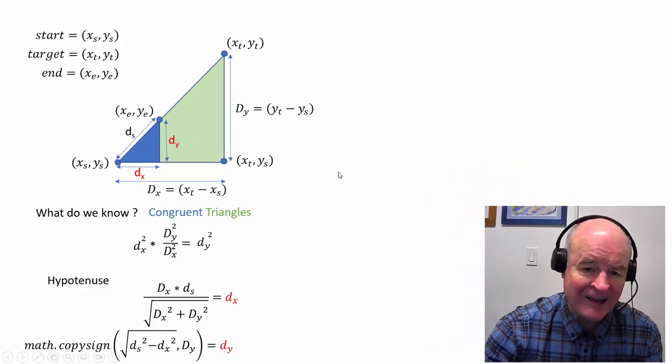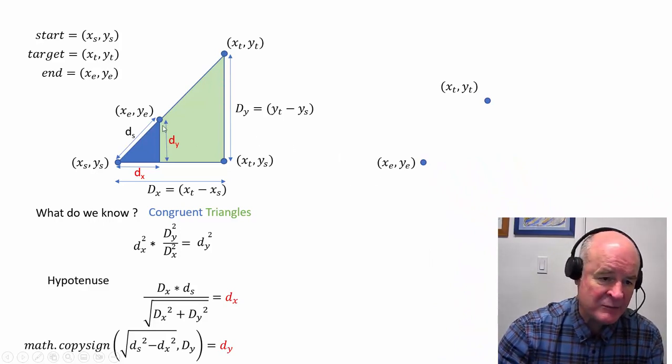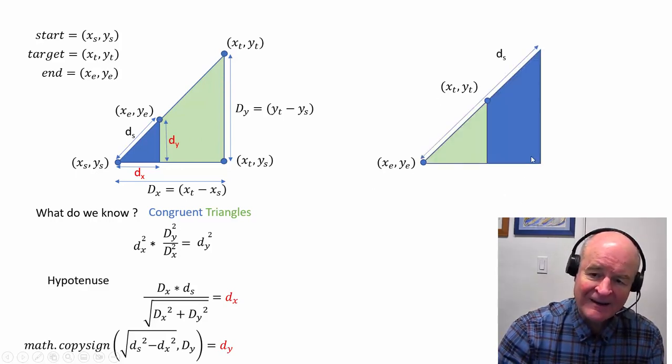So let's take a look at the end. What we want to avoid is this: I'm at some point in the middle of this wire, I'm at this point here, and here's the target point I'm headed to. It's possible that ds is larger than the distance I need to go.